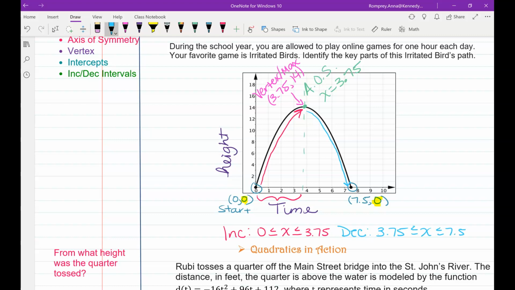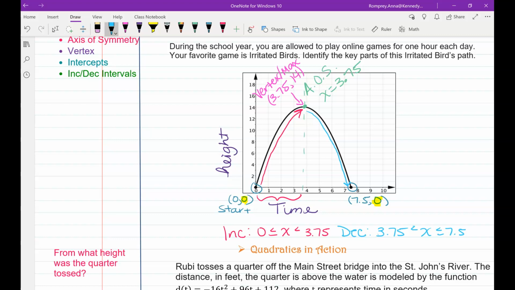That 3.75 should really not have the equal to sign since it is in both intervals, increasing and decreasing. It's our little pivot point. It's the max. It's the vertex. So increasing from 0 to 3.75, then we're decreasing from 3.75 to 7.5. Awesome. So we're really just applying some things that we've already talked about.